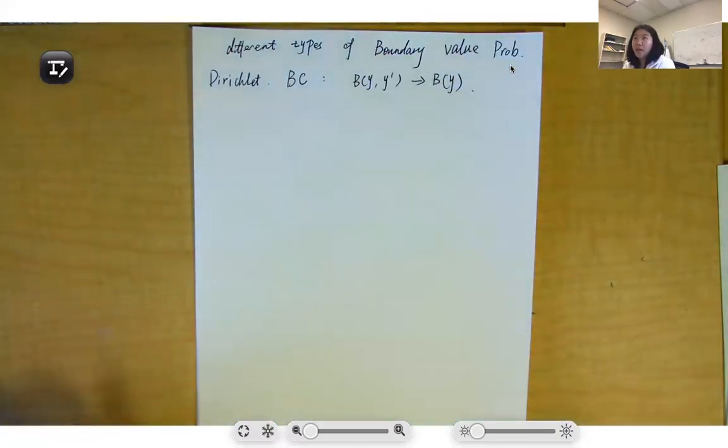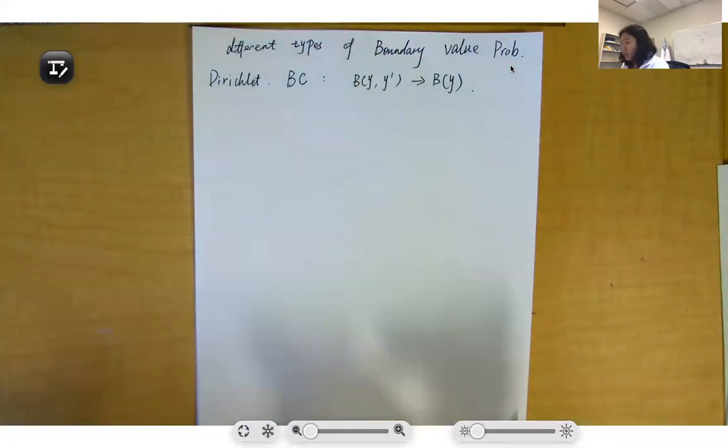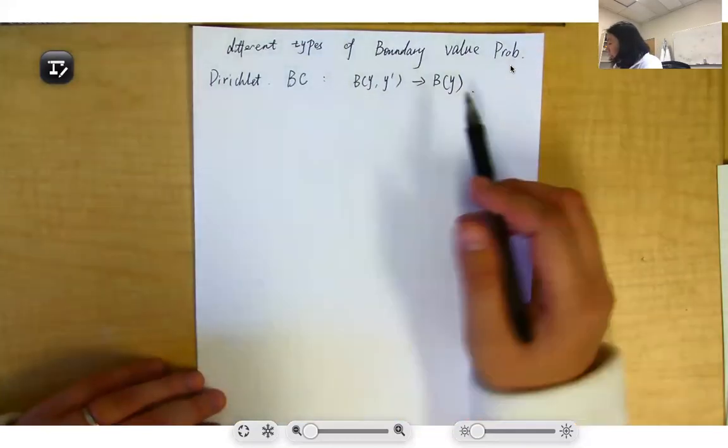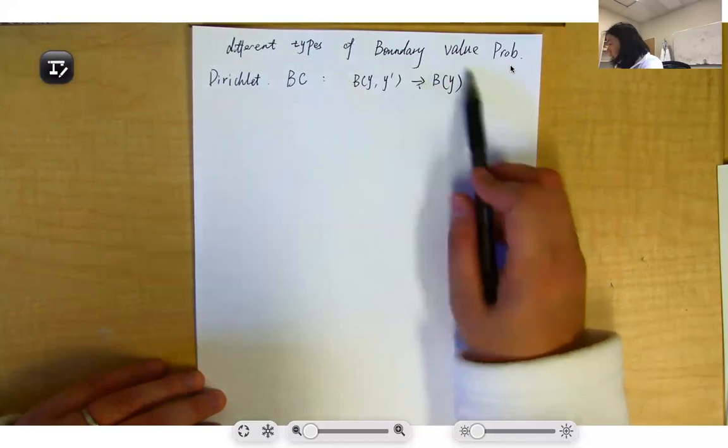For example, you have boundary conditions y at x1 equals what, y at x2 equals what. So that is only giving the boundary condition of y.